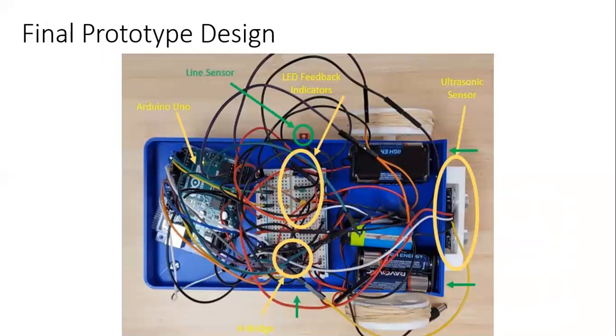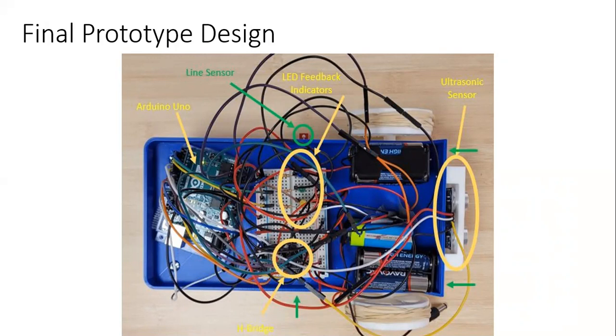So this is an image of our final prototype. And of course, everything is run through an Arduino Uno. And the motion happens through the H-bridge, which you can see there, indicated with the circle. And then we've got 4 line sensors on it.